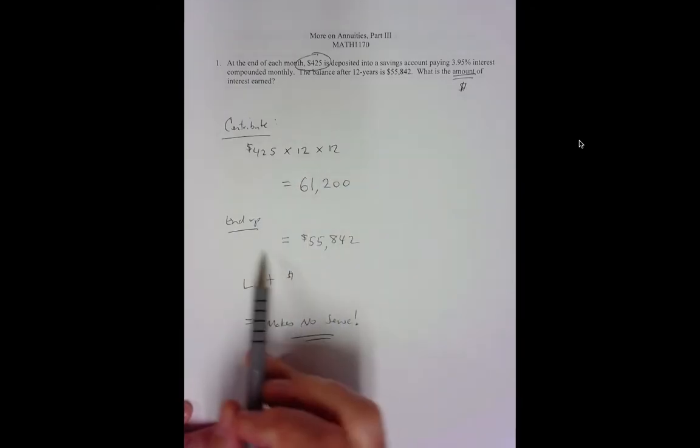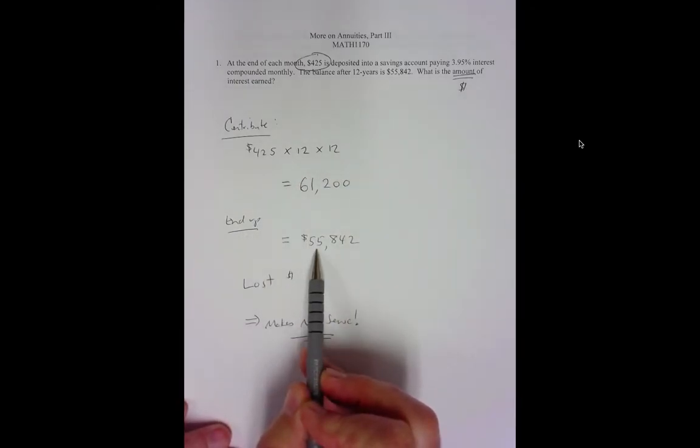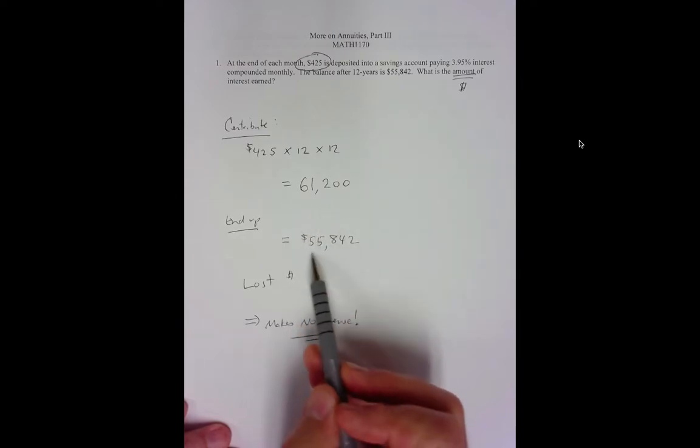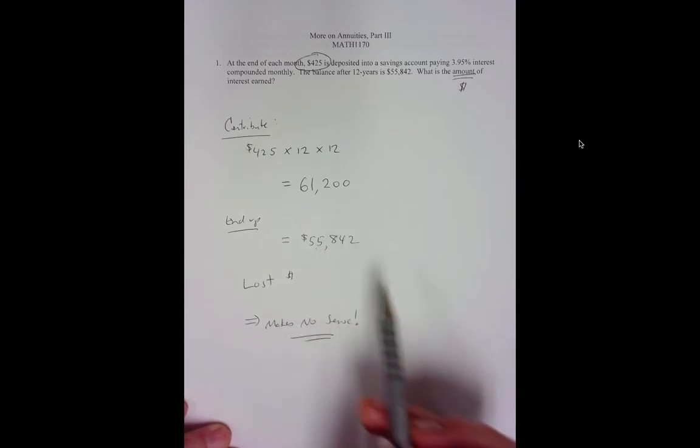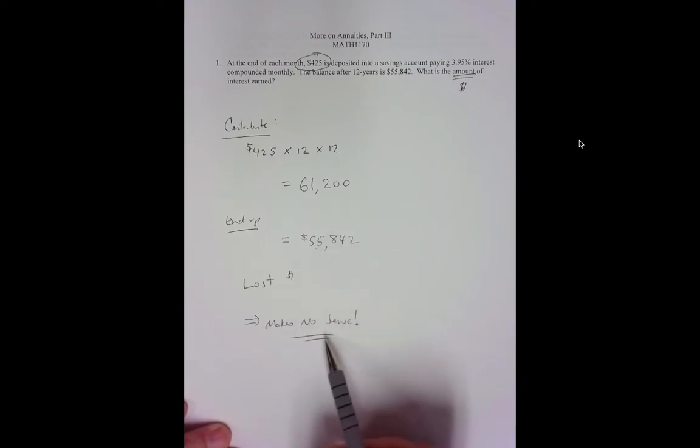And if you end up with only 55,842, then you've lost about $5,400. So the amount of interest earned is actually you've lost money.